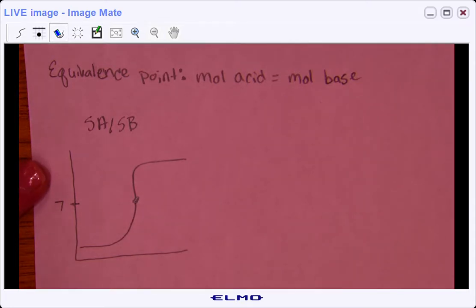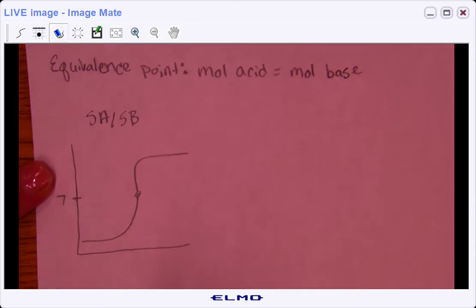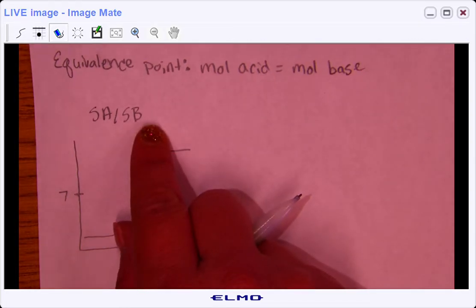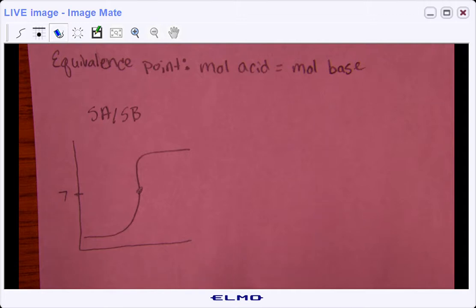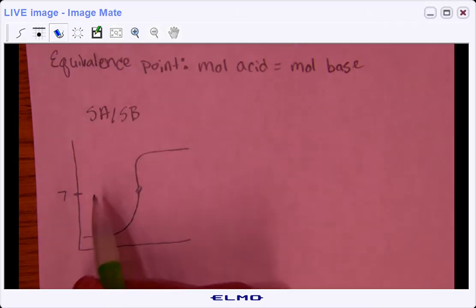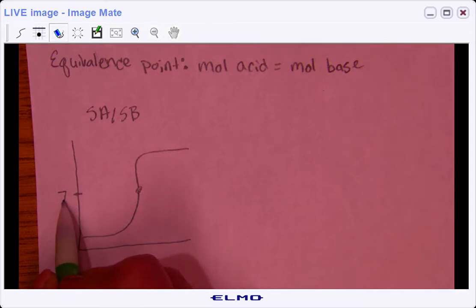Now, we've learned in our reactions unit that an acid and a base neutralize to form a salt plus water. What we're talking about there is a strong acid and a strong base, meaning neutralize with a pH of 7.